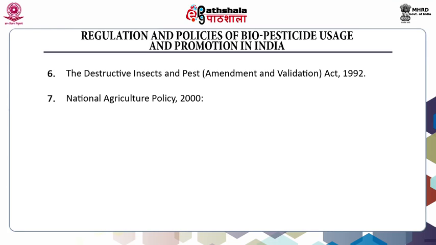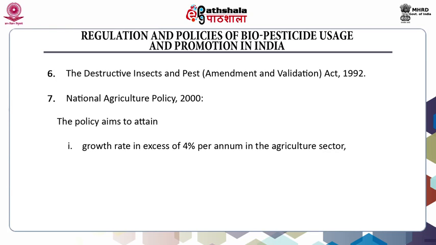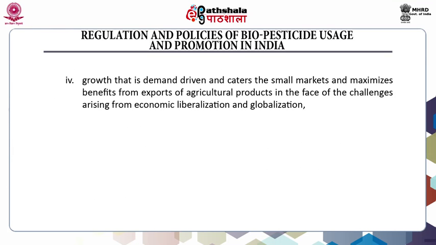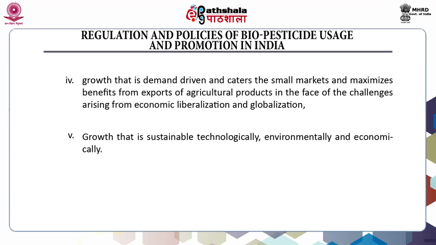Next is the National Agriculture Policy 2000. The policy aims to attain a growth rate in excess of 4% per annum in the agriculture sector, growth based on conservation of soil, water and biodiversity, growth with equality, growth that is demand driven and caters to the small markets and maximizes benefits from exports of agricultural products in the face of challenges arising from economic liberalization and globalization, growth that is sustainable technologically, environmentally and economically.